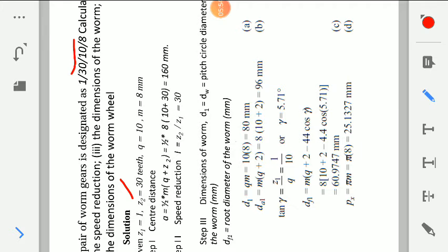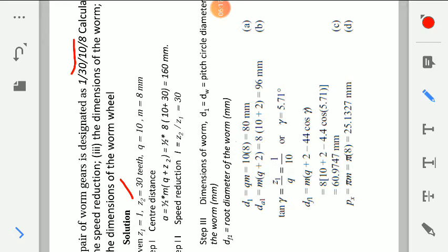To find out the center distance, we have one formula. Center distance A is equal to half of the module in bracket (Q plus Z2), where Q is the diametral quotient, Z2 is the number of teeth on the gear, and M is the module, 8 mm. And speed reduction is Z2 by Z1, the number of teeth upon the number of starts. So 30 upon 1, 30 is the speed reduction.